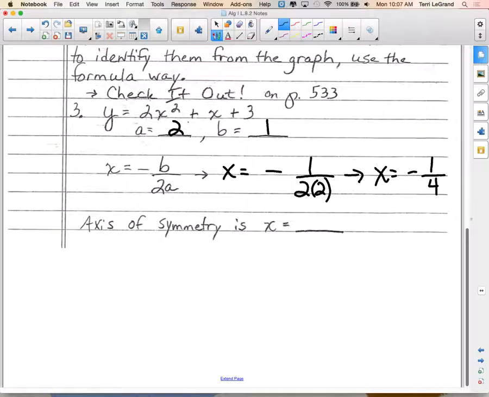So basically this is our axis of symmetry right here: x equals negative 1/4. That would be very hard to tell from a graph, that it was going through the vertex, whose value might be negative 1/4. Do they have another one for us to do there? No, they don't.